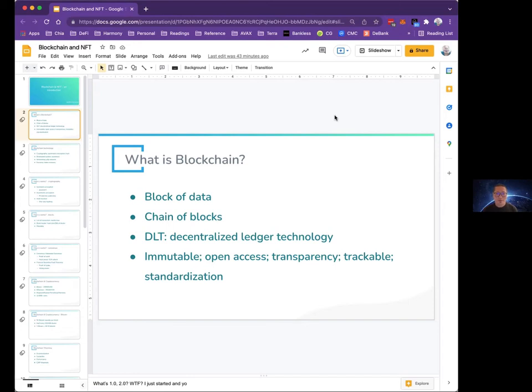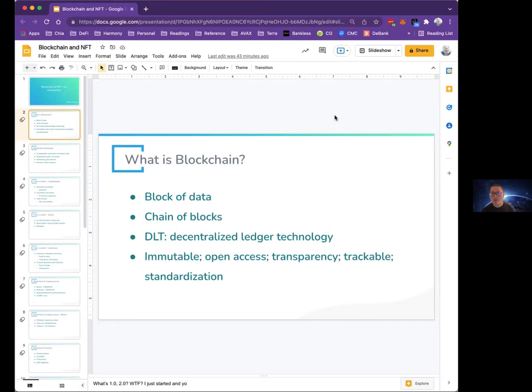One is called immutable, which means any data, once you write it to the blockchain, shouldn't be changed. That's immutable. The second is open access. Open access means the blockchain here we're talking about is a public blockchain, which means everyone would be able to get access to the data and participate in the blockchain.